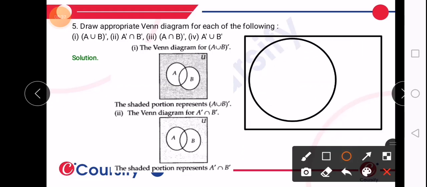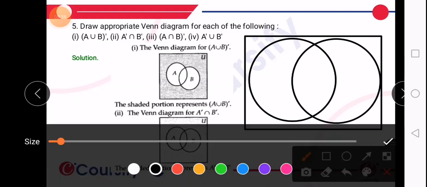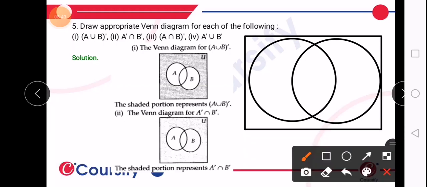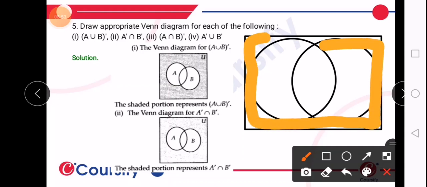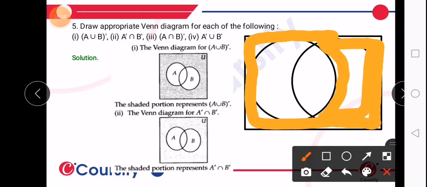Now if I increase this brush size, and let's say this is A, let's make A complement. A complement is anything except A, which means it goes from here till here.